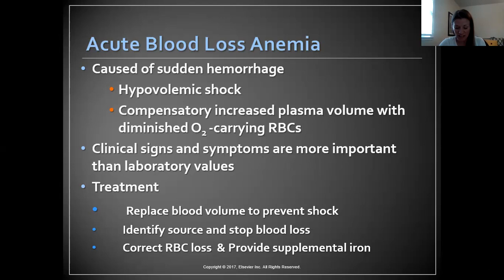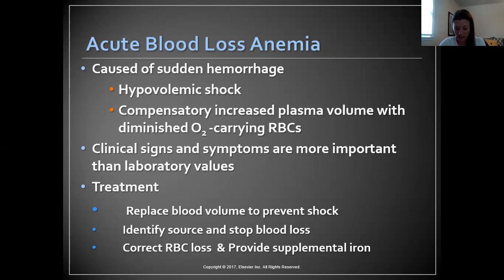It's essential to understand that the clinical signs and symptoms the patient is experiencing are more important than the lab values we're seeing. For example, a patient with a bleeding peptic ulcer who had a 750 milliliter hematemesis, so they threw up 750 milliliters of blood within the past 30 minutes, may have postural hypotension, but may have normal values of hematocrit and hemoglobin.